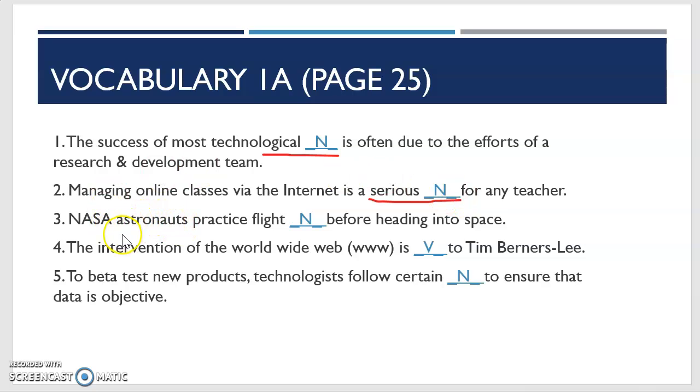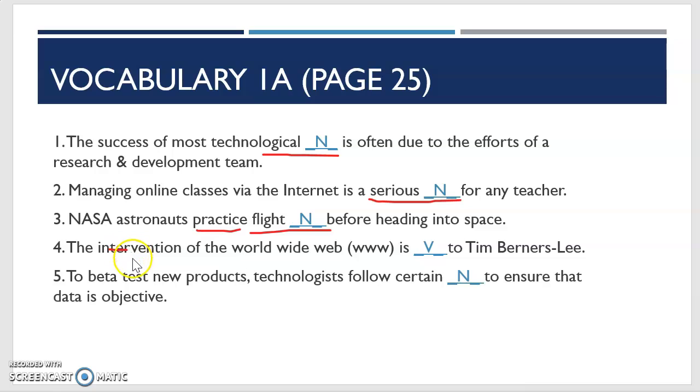Number 3, NASA astronauts practice flight before heading into space. And this is something they do just to practice. And that's what makes me think that it's the word simulations, flight simulations. And then number 4, talking about the intervention. I think this is supposed to just say the invention.